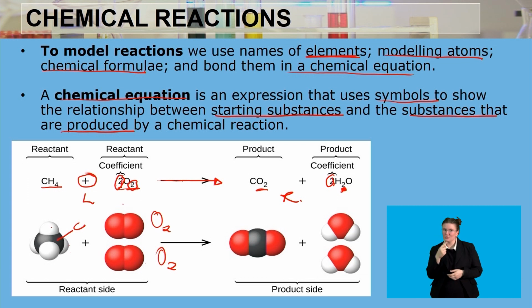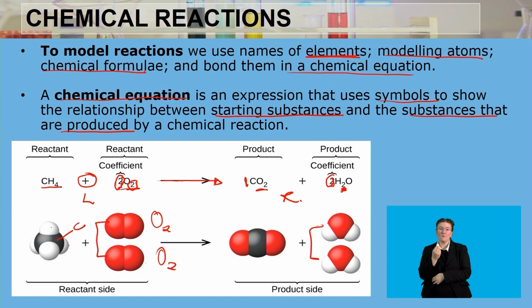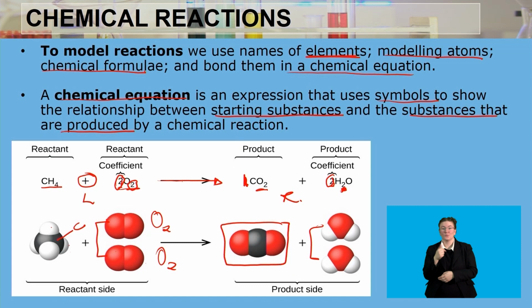So that 2 tells us that we have 2 oxygen molecules. The same thing applies on the right-hand side: that 2 tells us that we have 2 water molecules. But because there's an invisible 1 there, we only have 1 carbon dioxide molecule on the right-hand side.